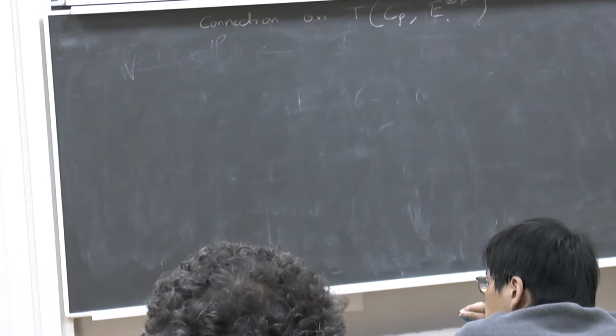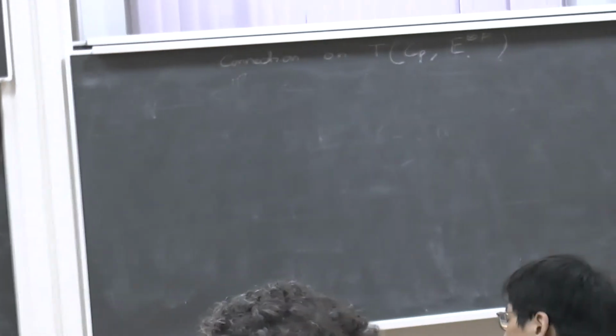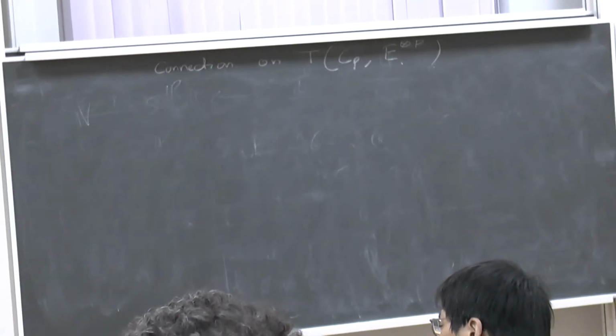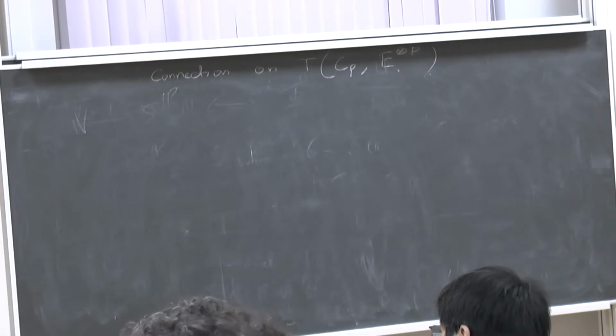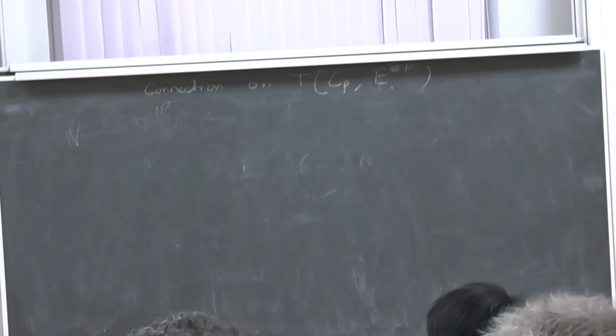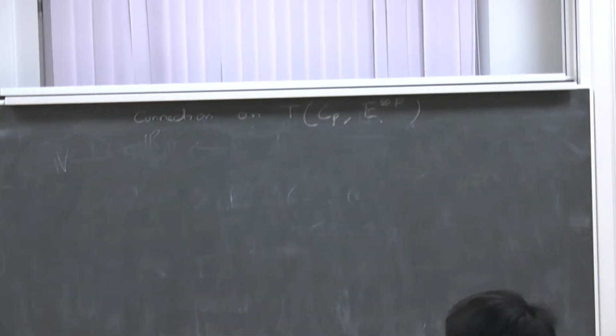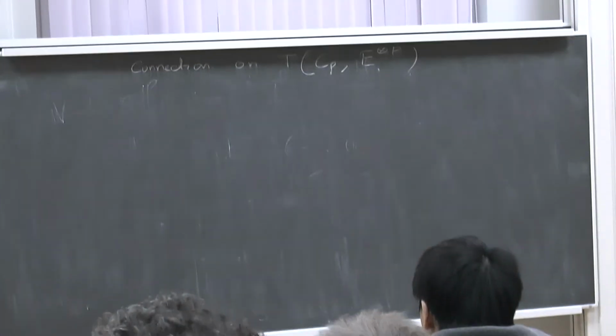So maybe before I explain the construction of this connection, let's again look at this isomorphism. I recall that for every vector bundle, and more generally O_X-module, the Frobenius pullback carries a canonical connection in characteristic p. And so I want to show that the gluing also does. That is how one constructs it.